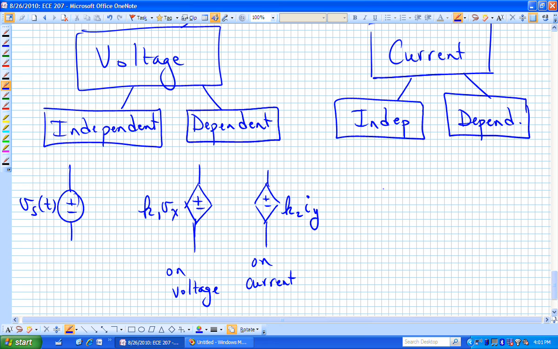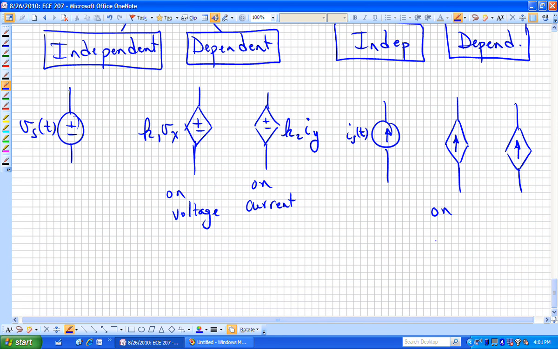Likewise, for the current sources, we could have an independent current source, that's supposed to be a circle, and it might be labeled with, let's say, I sub s of t. And the dependent current sources are also diamonds, but now they have this current flowing through them. This one, let's say, is dependent on a voltage. This one on a current. And I think you can guess what these will look like.